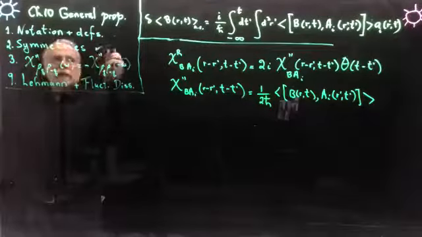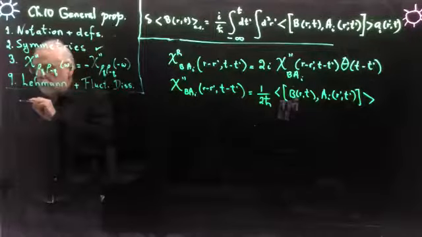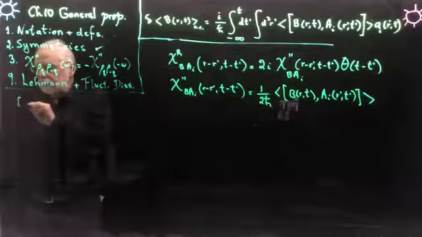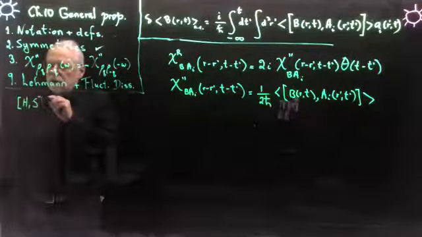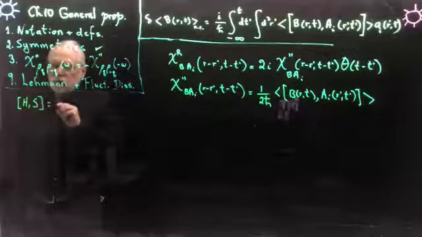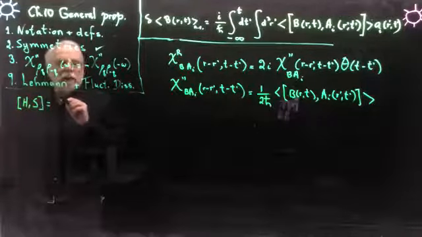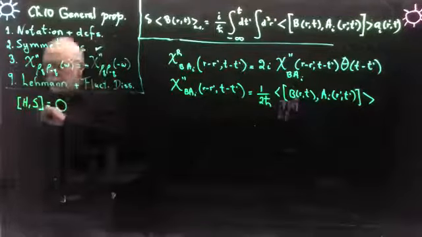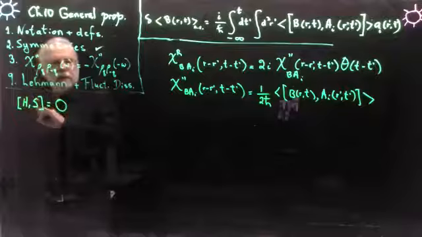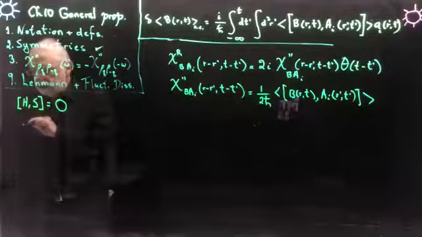So what is a symmetry? A symmetry is some operator that commutes with the Hamiltonian. If it's a symmetry, it means that the Hamiltonian is unchanged by this operator. So what does it mean for us?